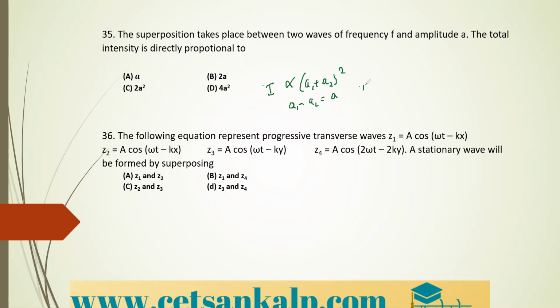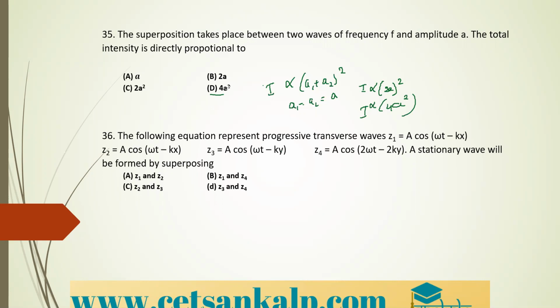Therefore, I is proportional to A plus A, that is 2A whole square, which is nothing but 4A square. Intensity is directly proportional to 4A square. That is option D, the correct option.